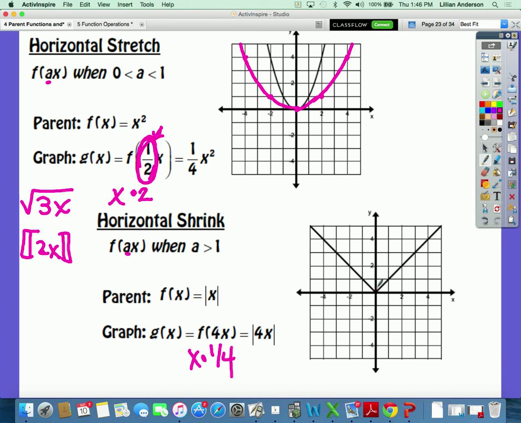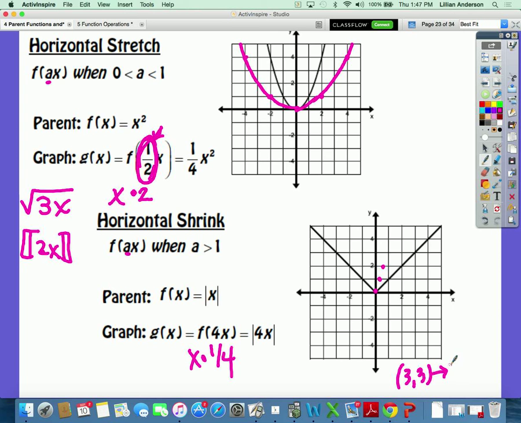0, 0 will stay 0, 0, of course. That's always nice. But 1, 1 would be 1/4, 1. 2, 2 will be 1/2, 2. I'm multiplying all of my x's by 1/4. 3, 3 would change to what?